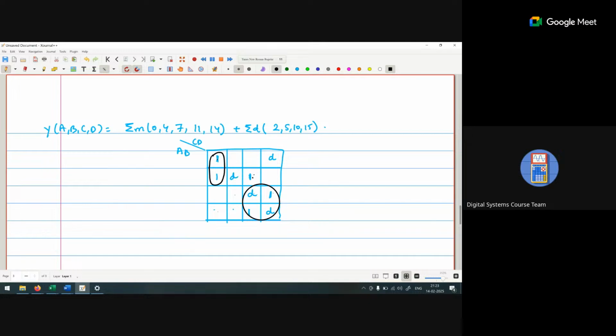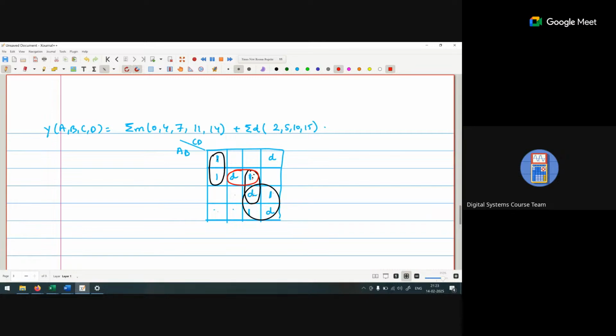Now one min term is remaining. Either I use this min term with this particular part, or this min term with this part. It is up to you. You consider this min term with this don't care condition or that don't care condition.